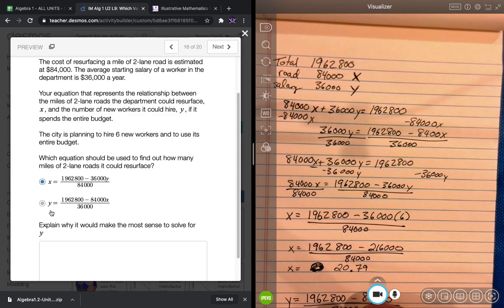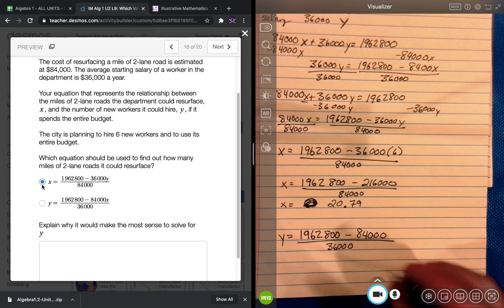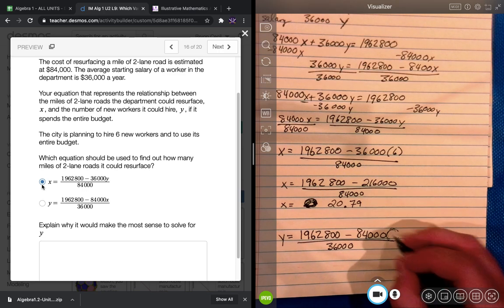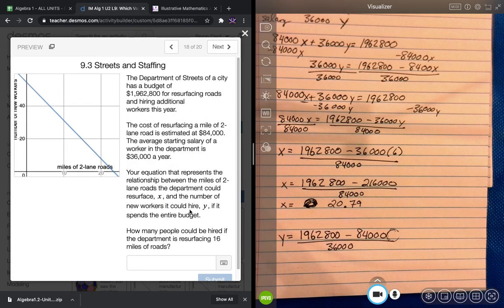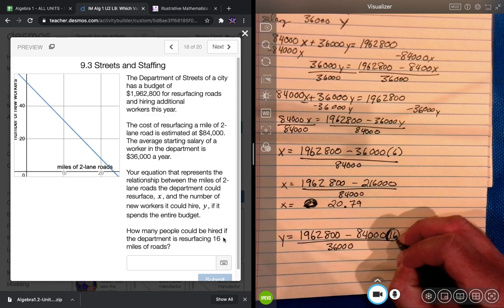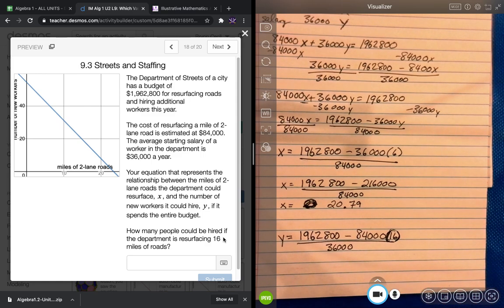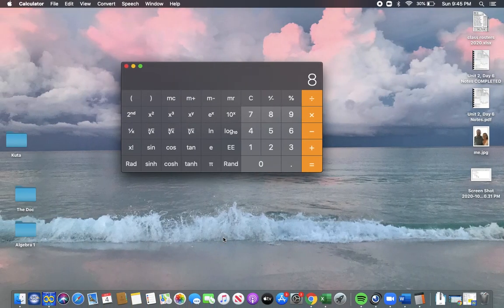And I'm leaving this blank, guys, right here because remember, this was the amount of miles that we were going to plug in. All right, so it says that we're resurfacing 16 miles. Okay? So, let's take that 84,000 times 16.